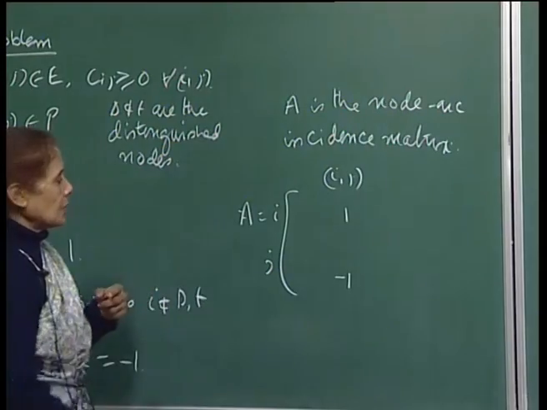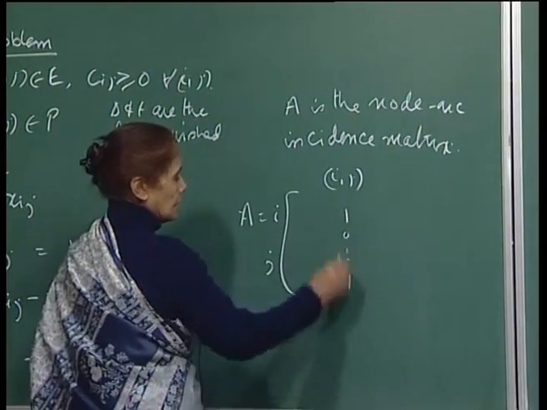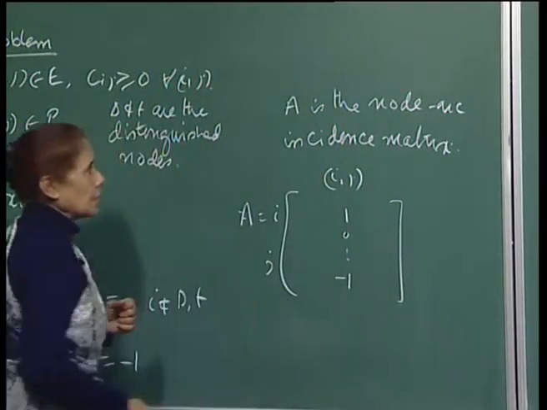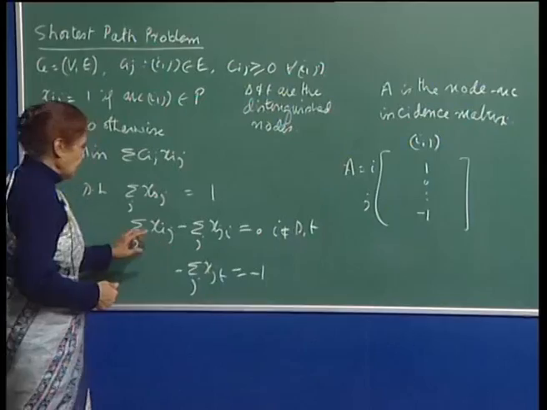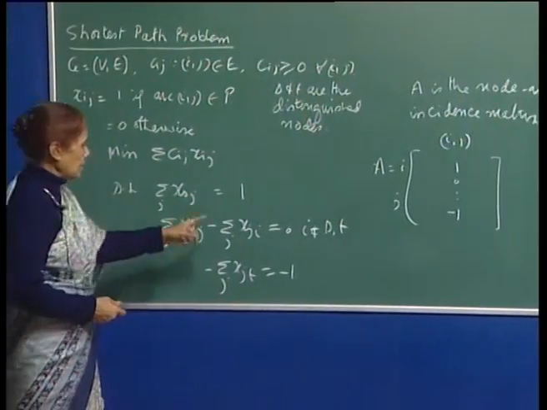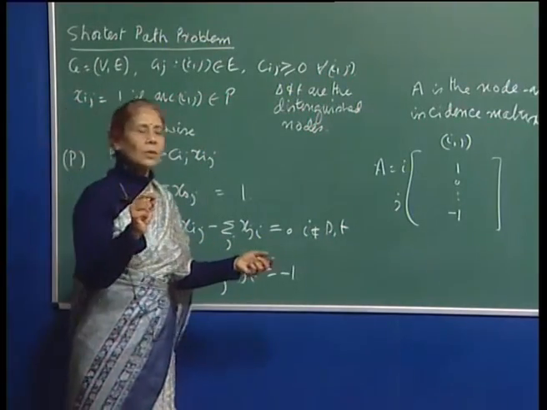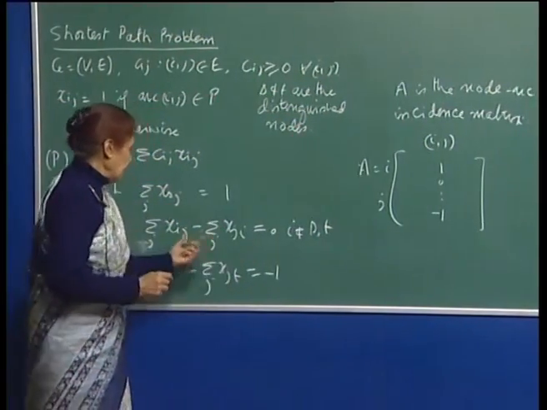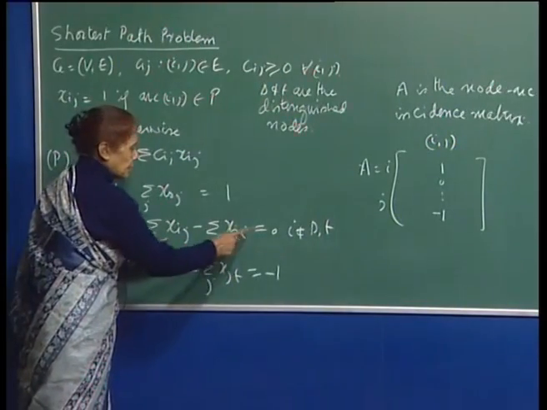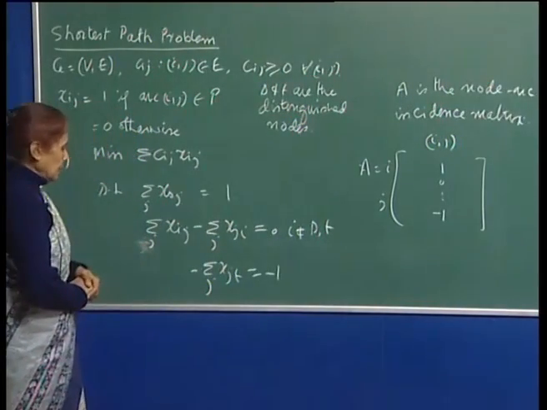All others are zeros. This is the concept of the node arc incidence matrix, and so the constraints can be written like this. Any intermediate node, if the arc is entering the node, then it must also leave it, and that is why these two sums must always be equal.